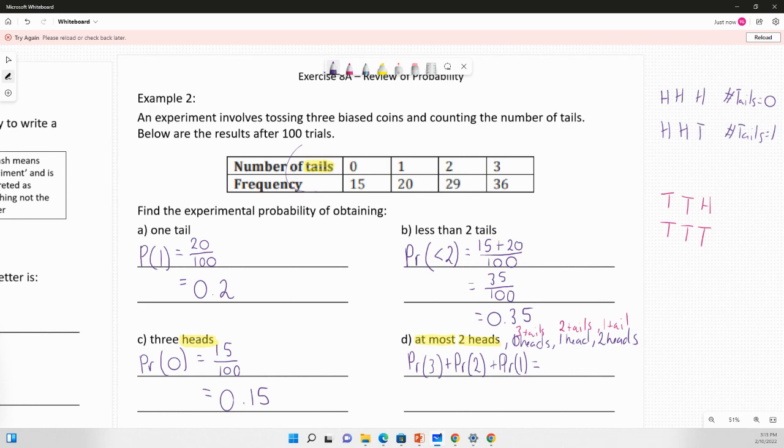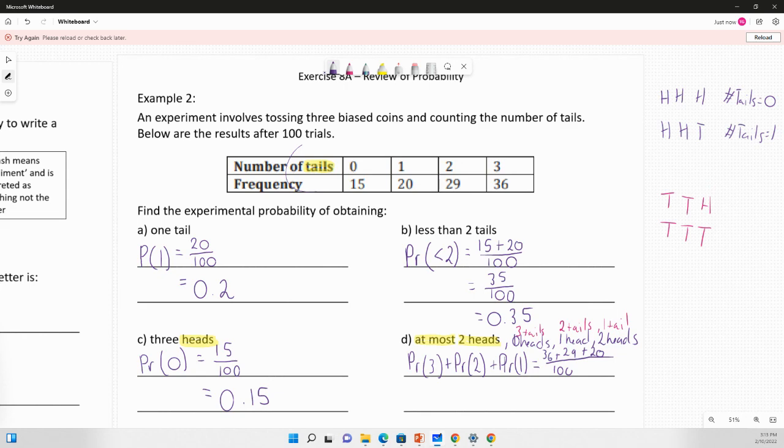The 3 tails is 36, 2 tails is 29, 1 tail is 20. I've just put these all on the same denominator, because each of these would be out of 100.